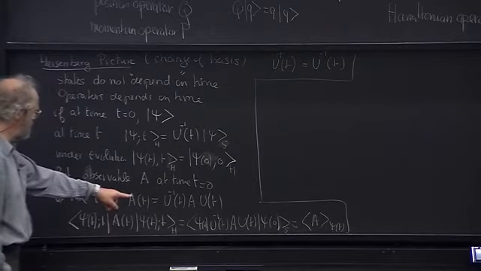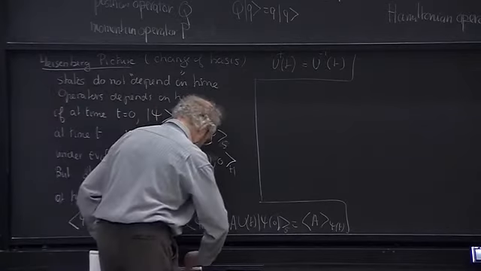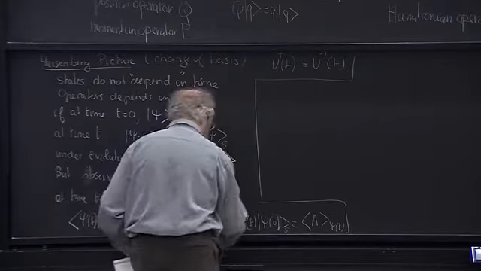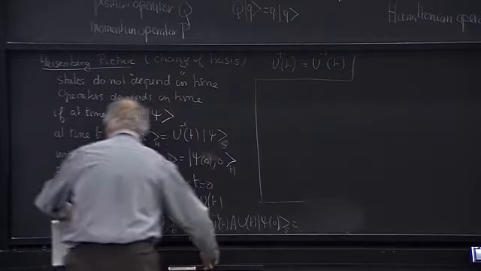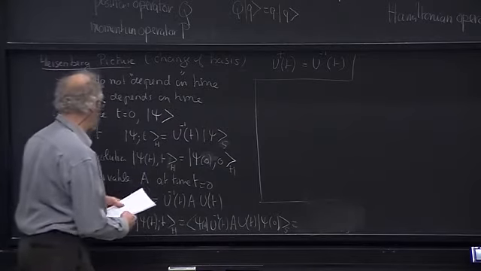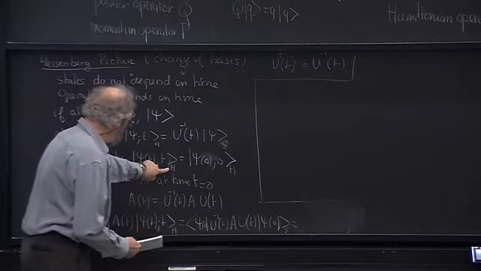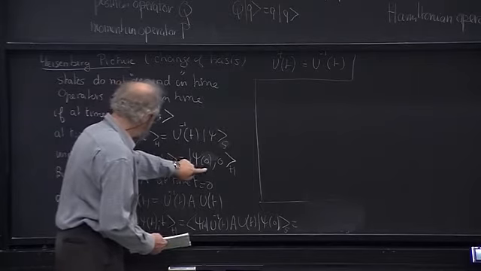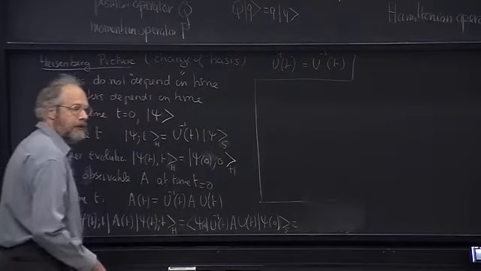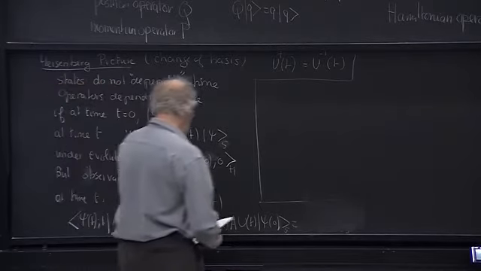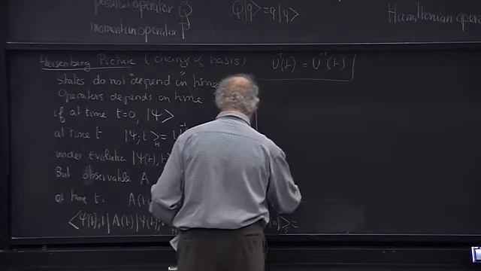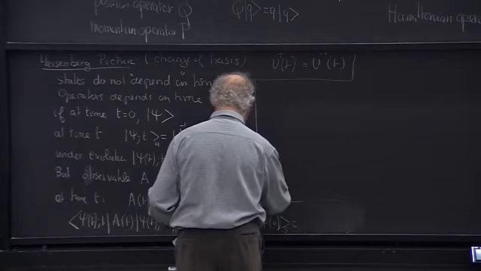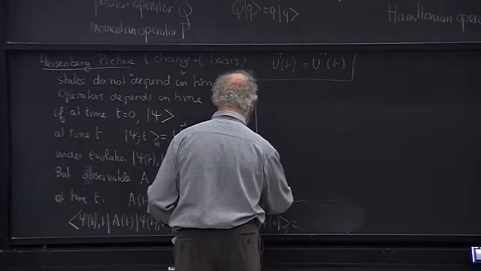If you want to make this a bit more precise, psi of t in the Heisenberg picture is the same as psi of 0 at time 0 in the Heisenberg picture. But psi of 0 in the Heisenberg picture is the same thing as the initial state psi in the Schrödinger picture.